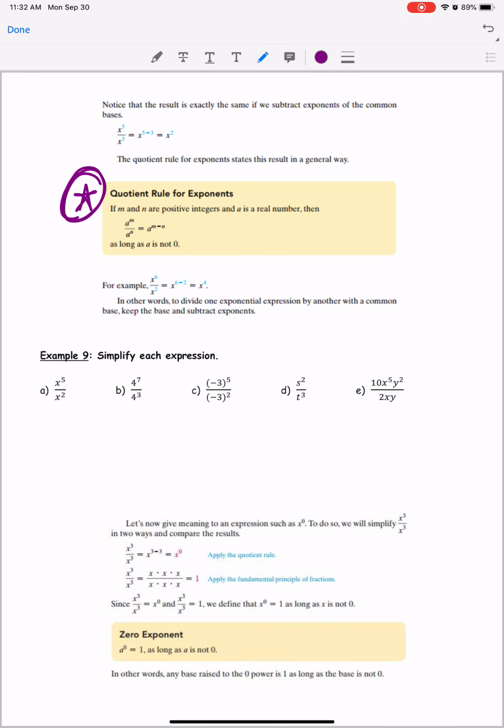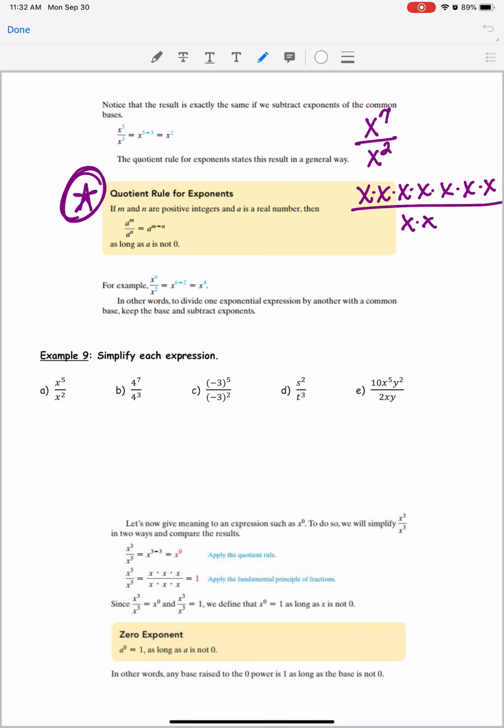So, for example, if we have something like x to the 7th over x squared, means on the top I have 1, 2, 3, 4, 5, 6, 7 x's. On the bottom, I have 1, 2 x's.